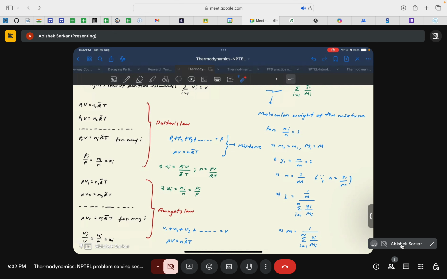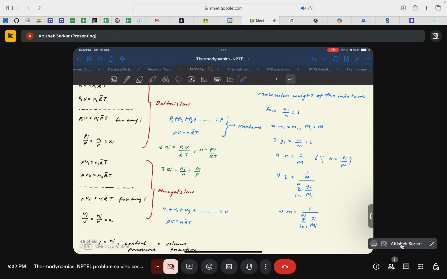So if you divide these two equations, you get Xi, which is equal to Ni by N, which is equal to Pi by P. This relation explicitly tells us that the partial pressure of a particular gas in a mixture is proportional to its mole fraction. That's a very important conclusion that we get for ideal gases from Dalton's law.